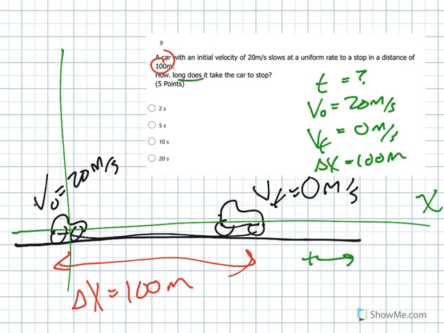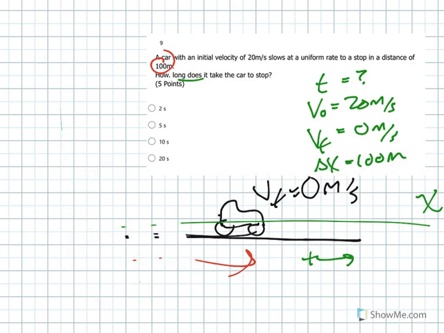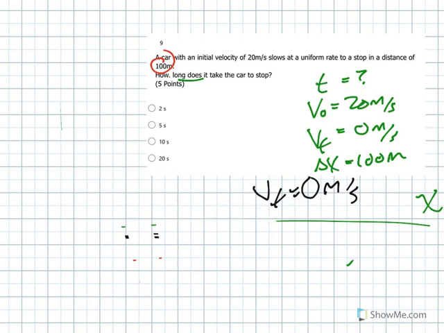So we're looking for t. You would look through your list of equations. Okay, there are 4 of them. And decide which of those you could possibly use here to find time. Ideally the equations would have these other 3 quantities.